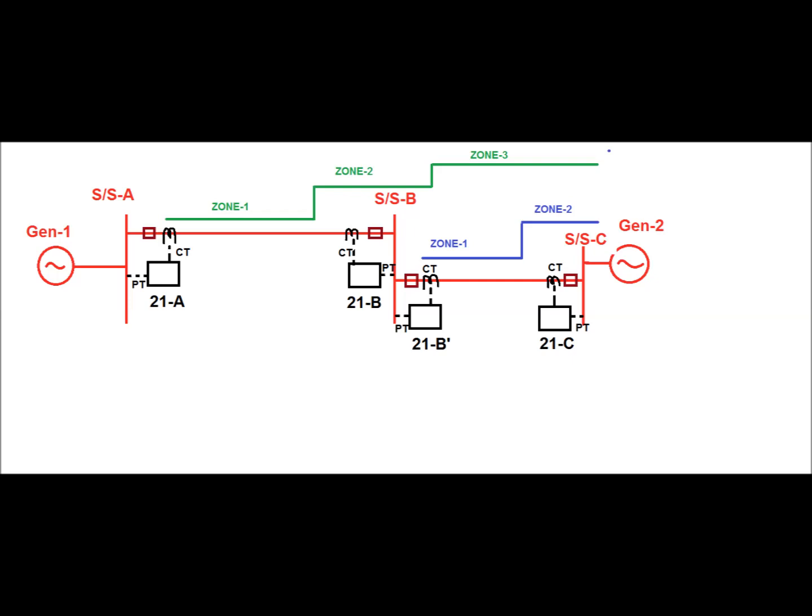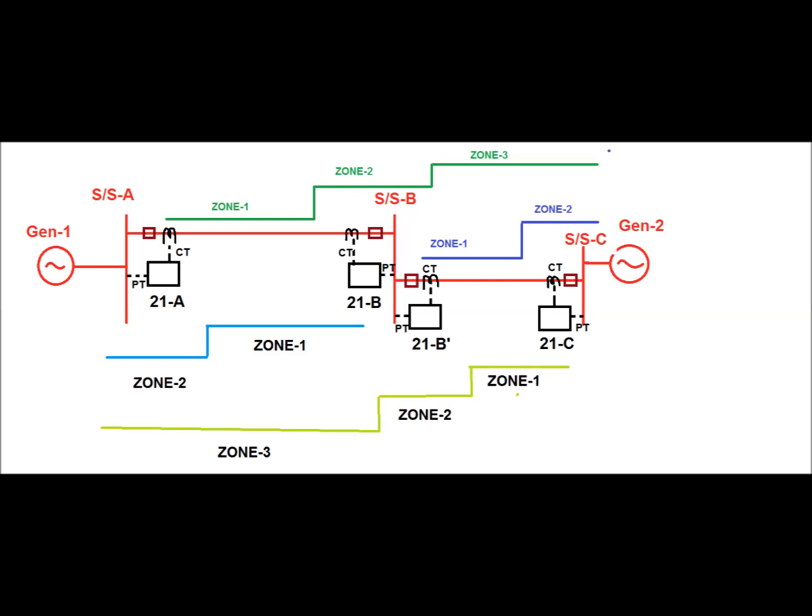Similarly, zone 1 and zone 2 coverage for the 21B dash relay has been shown in this diagram. Similarly, for line segment BA at substation B end for the 21B relay, zone 1 and zone 2 coverage has been shown in this diagram. And similarly, for section CB and BA at relay 21C at substation C end, zone 1, zone 2 and zone 3 coverage has been shown in this diagram.